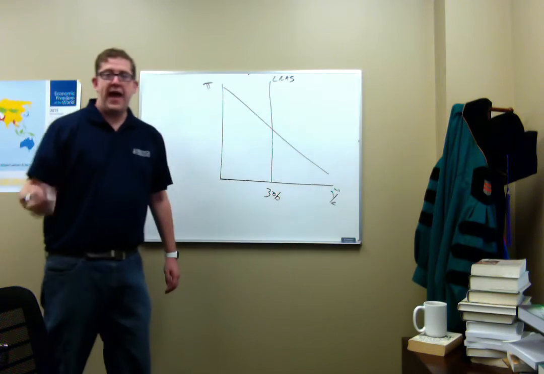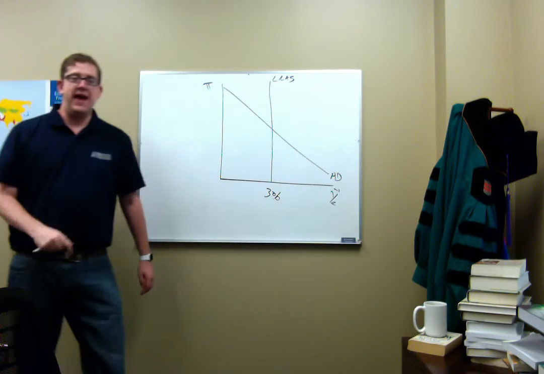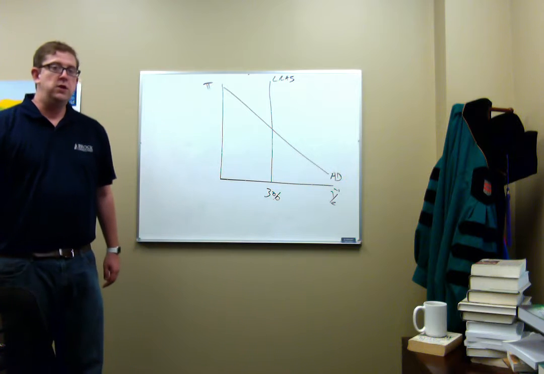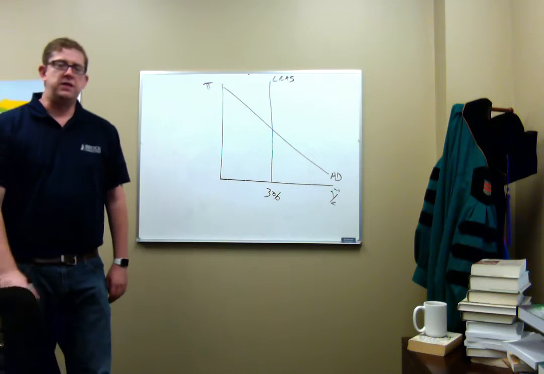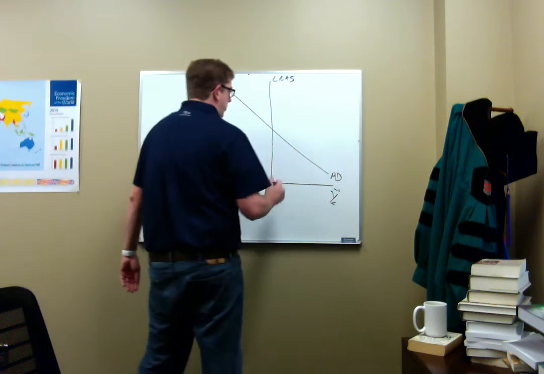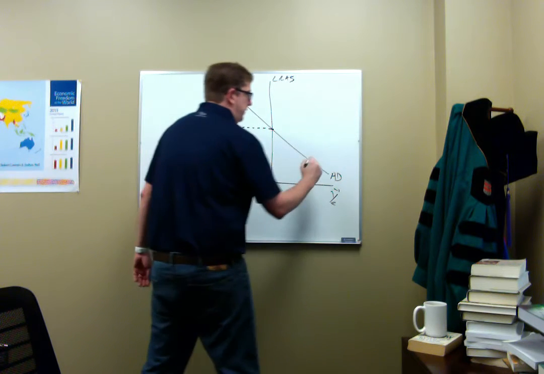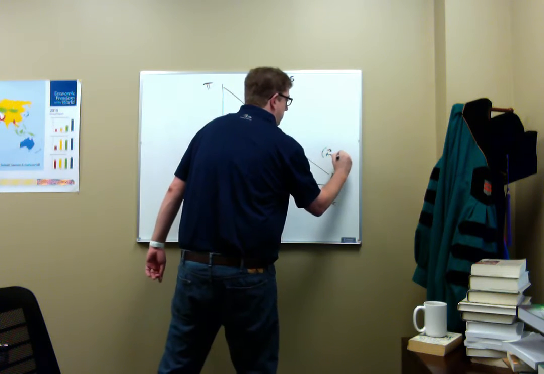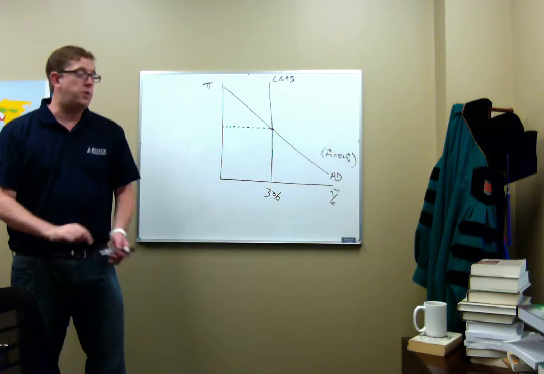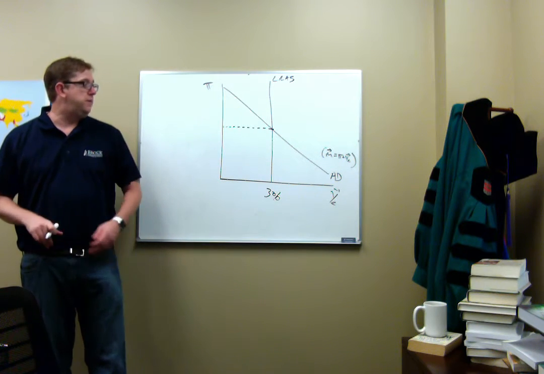Now you also have the aggregate demand curve. And the aggregate demand curve is given by the quantity theory of money. We assume, just to keep things simple, that the velocity of money is not changing. So the aggregate demand curve is going to be all combinations of the inflation rate and the real economic growth rate that add up to the growth rate in the money supply.